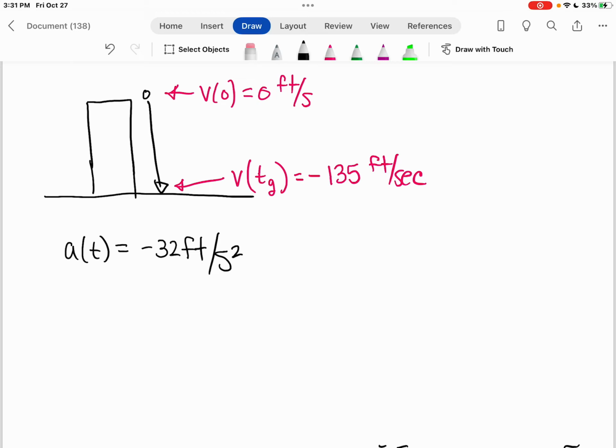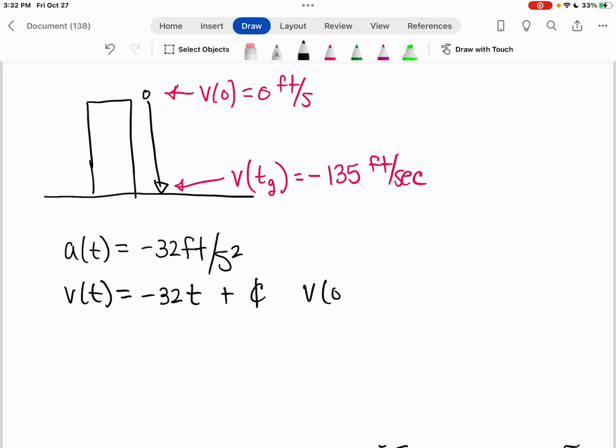So we want to find the initial value of the rock, how high it was when it started. So we're going to start with acceleration and work backwards, and I'm going to find the velocity. So if I find the antiderivative of negative 32, that's going to give me negative 32t, and then plus our constant.